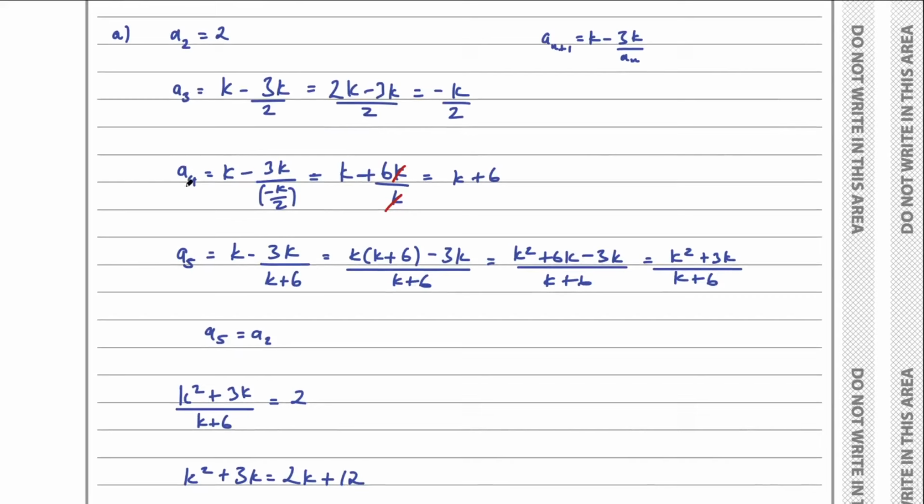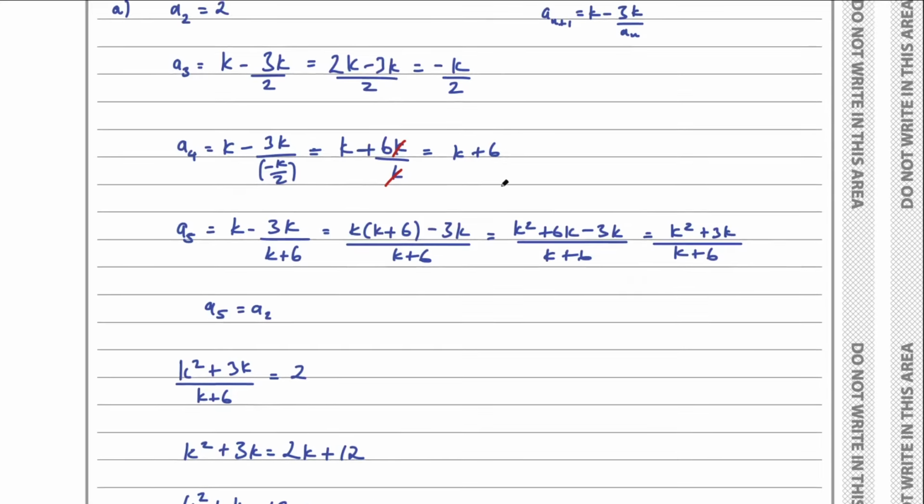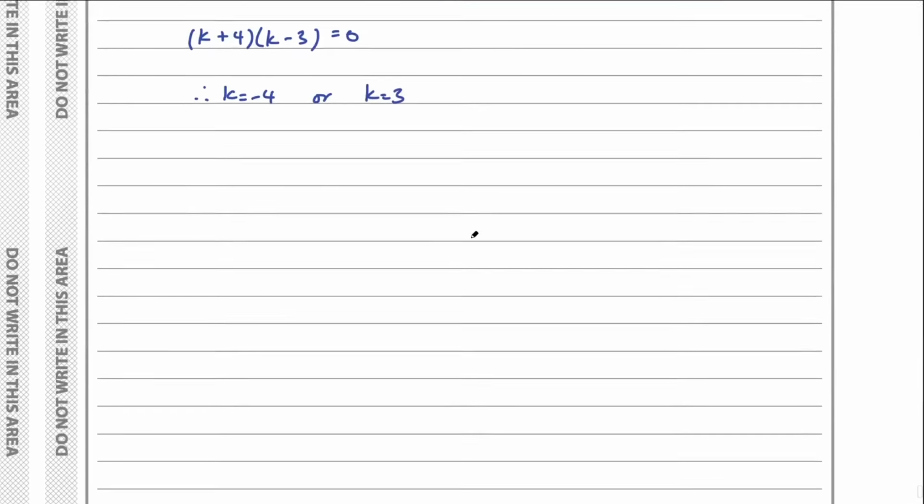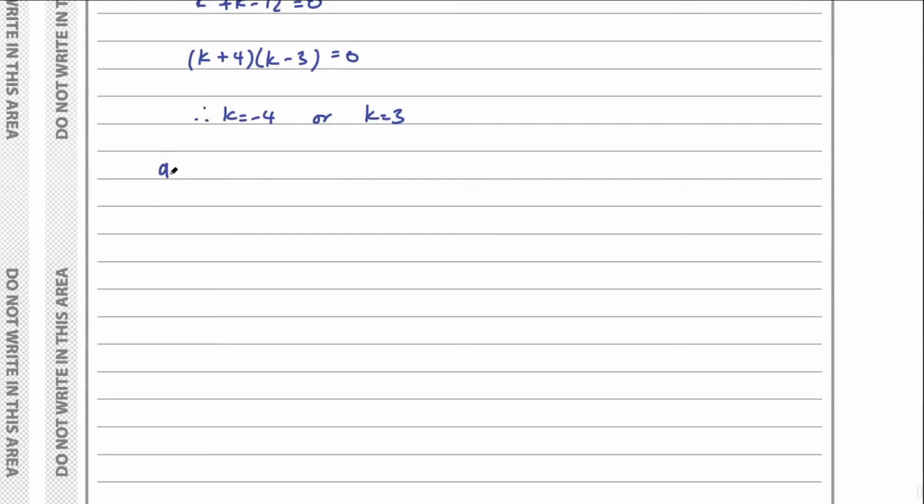So if we find a4, then we'll know a1. So that's a much easier way of finding a1. So let's say a4 equals k plus 6, and then substitute these values in. Negative 4 plus 6 is 2, or 3 plus 6 is 9.